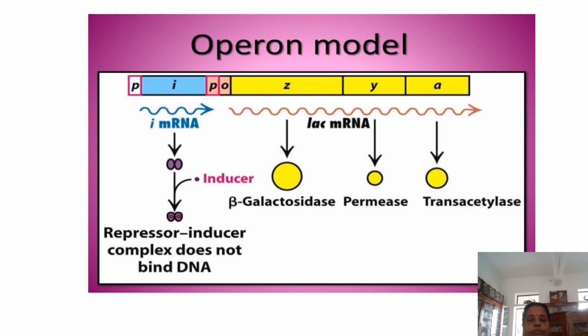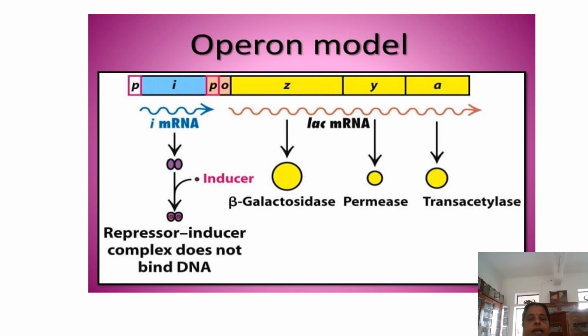Operon model. You can see in the diagram, P forms the promoter, I is the inducer, O is the operator region, Z is the gene that codes for beta-galactosidase, Y the gene that codes for an enzyme permease, A the gene that codes for transacetylase. The genes are represented in yellow color, which forms the structural genes.